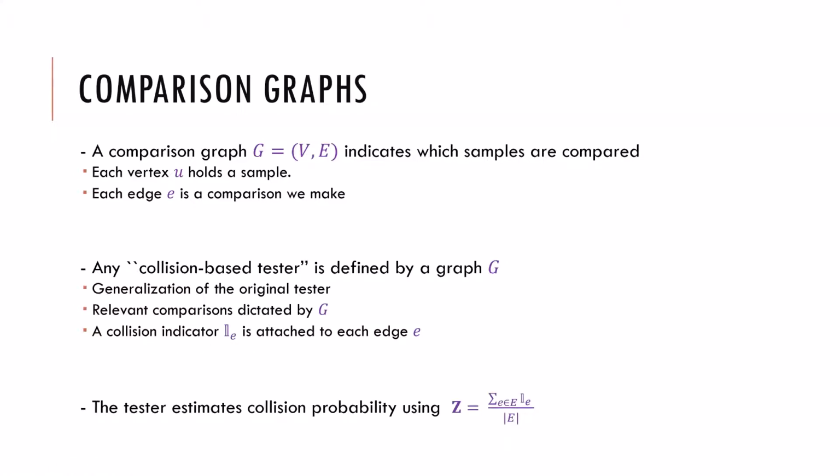And to estimate the collision probability, the algorithm will approximate it using only the comparisons dictated by the graph G, so only summing collision indicators over the edges of the graph G, and of course normalizing by the number of edges. And as usual, if we got a low estimation, we would say uniform, and a high estimation, we would say this is far from uniform. This is business as usual.